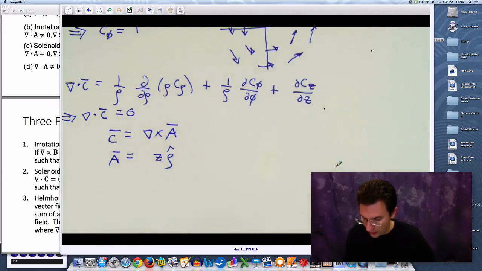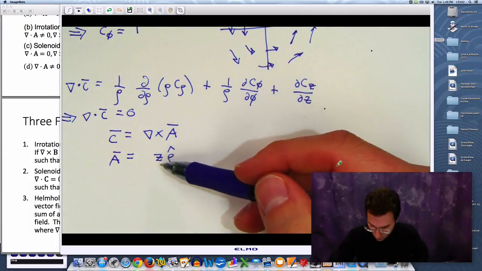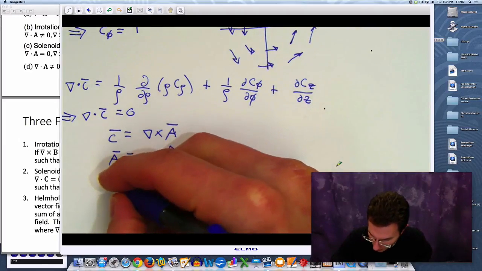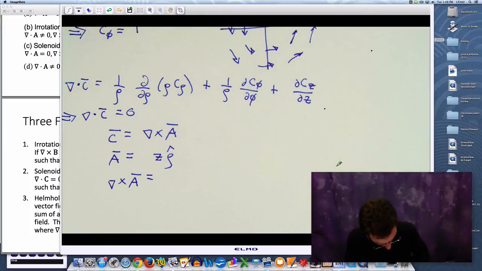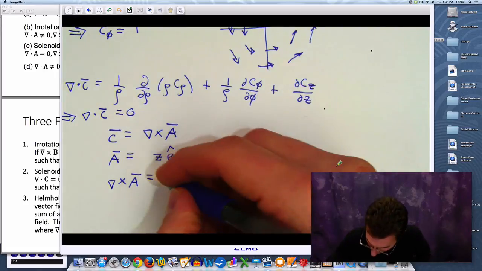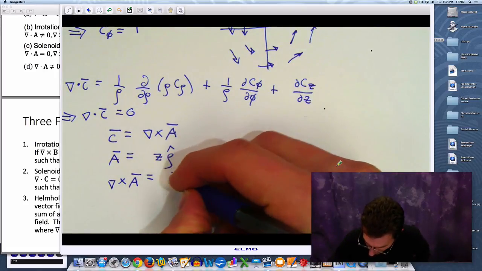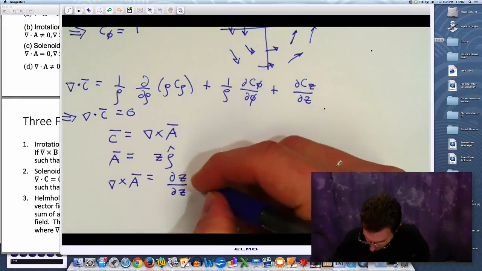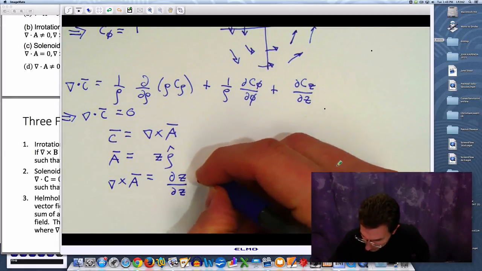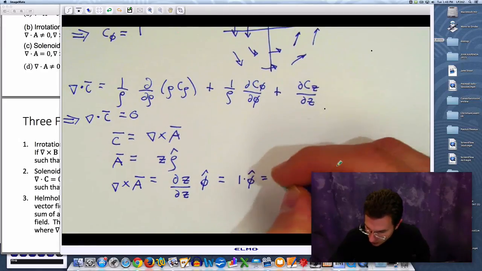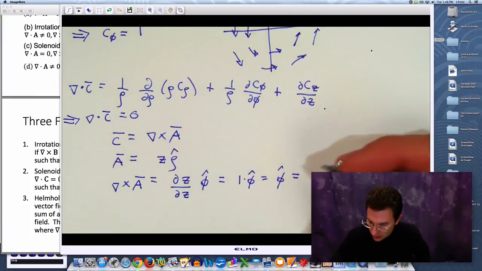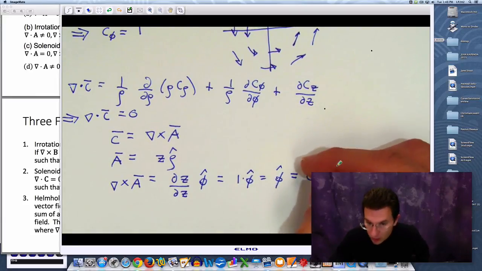But the partial of Z with respect to Z is in fact 1. So the curl of this guy all boils down to simply being equal to the partial of Z with respect to Z in the phi hat direction, which is just equal to 1 times phi hat, which is just equal to phi hat, which is, in fact, equal to C.